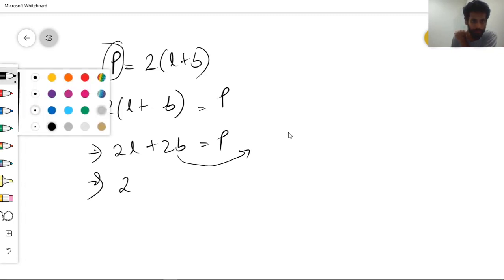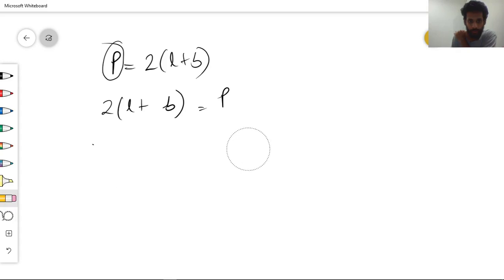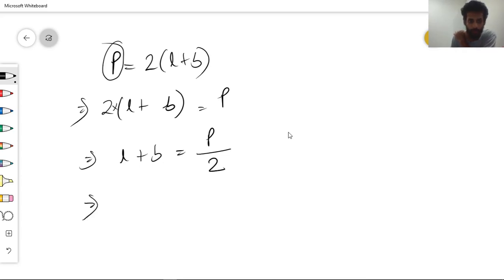The next step I will do it. Okay. Here this 2 is multiplied with all this, so I will take the 2 to the other side. It will be P divided by 2. Okay. When it is P divided by 2, L plus B equals P divided by 2.